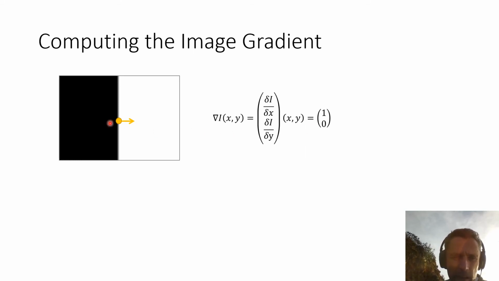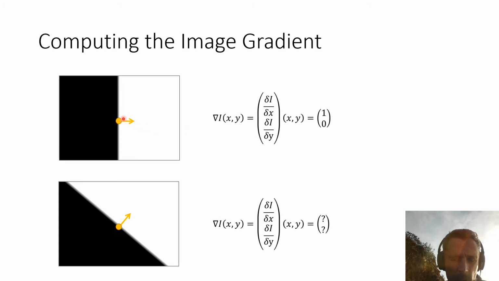So obviously, there's no brightness change along the y direction. That's why this is a 0 here. And then we don't really know what those actual values were, but there's a positive change, right? So from something dark to something bright, it should be positive. So this could be a 1, could be a 20. We don't know.